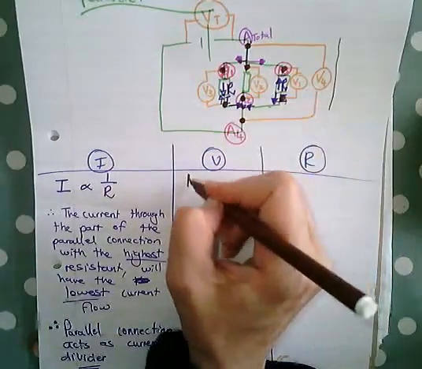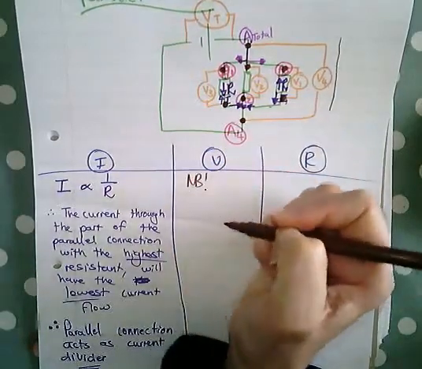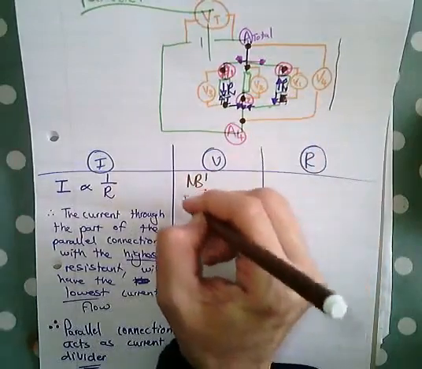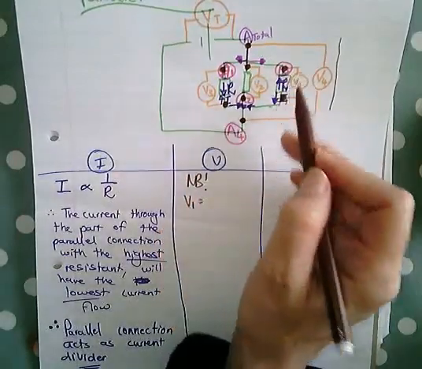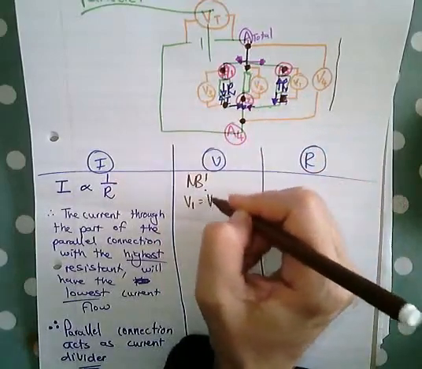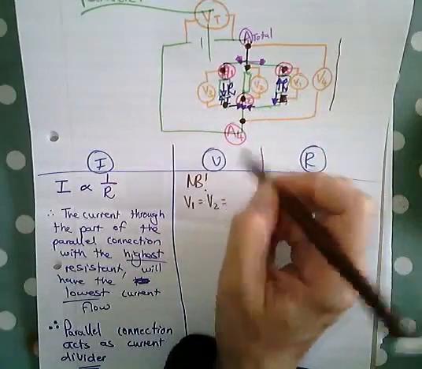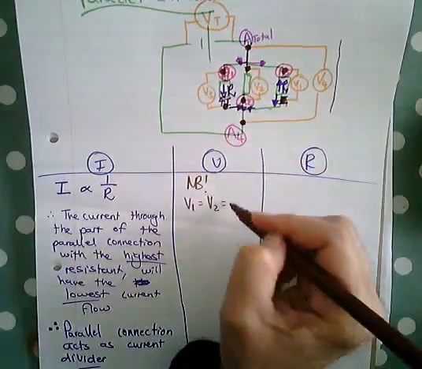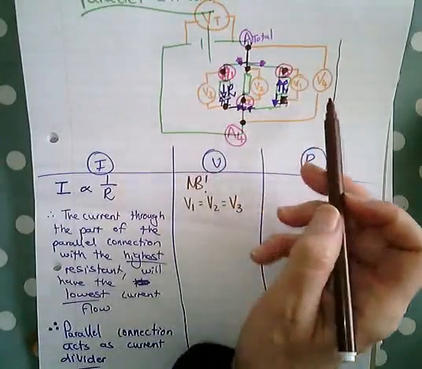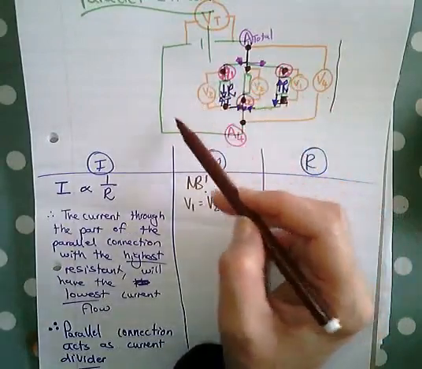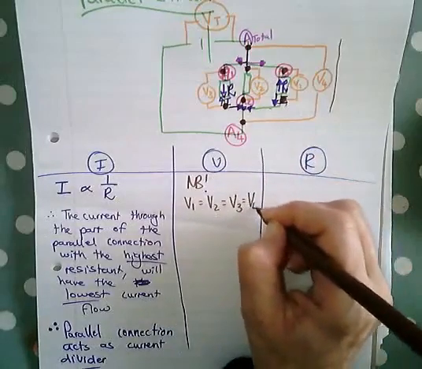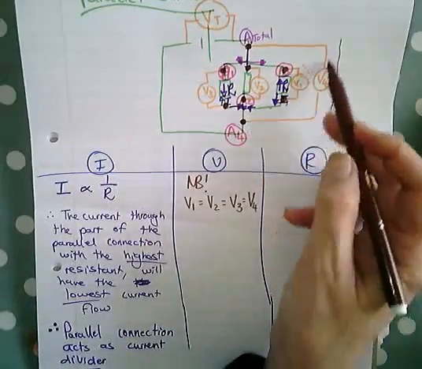That potential difference across the one connection is exactly equal to the potential difference across the other 2 or 3 or however many connections there are, parts of that parallel connection. And they are all equal to the potential difference across the whole parallel connection.